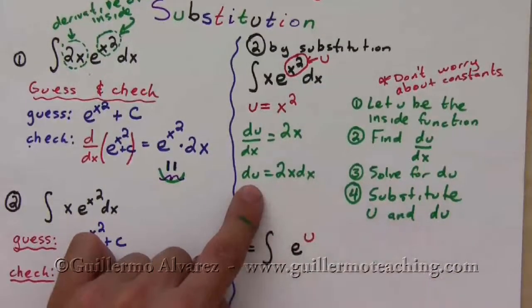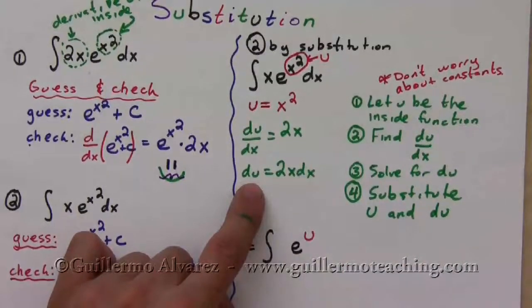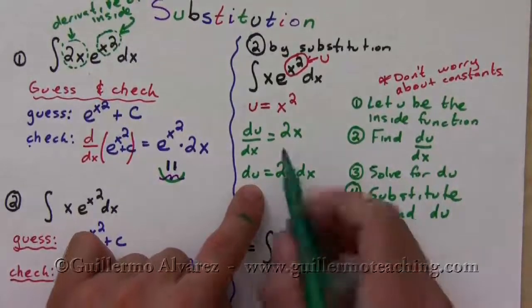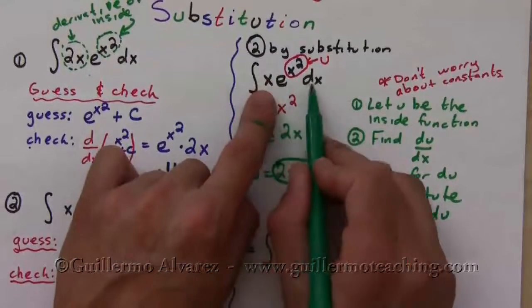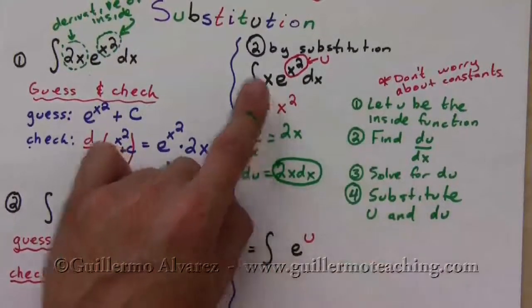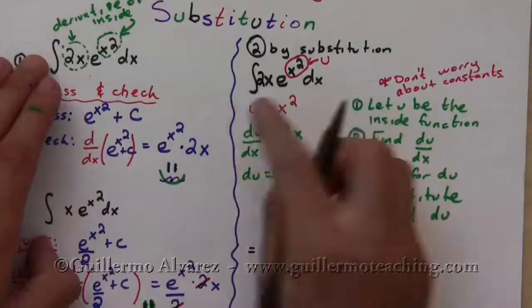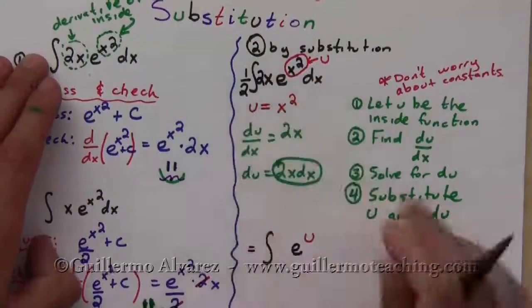So check this out. Since I want a 2x dx, this is what I want. I want to have a 2x dx inside of here. Notice I have an x dx. So what I can do is multiply by 2, because that's what I need, as long as I balance it by multiplying by 1/2.